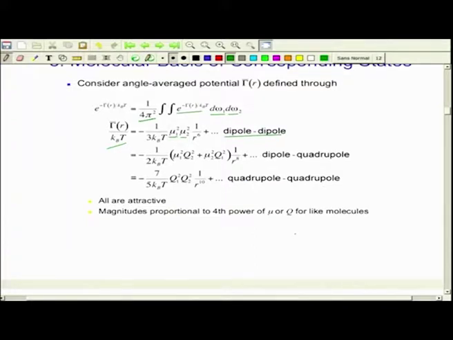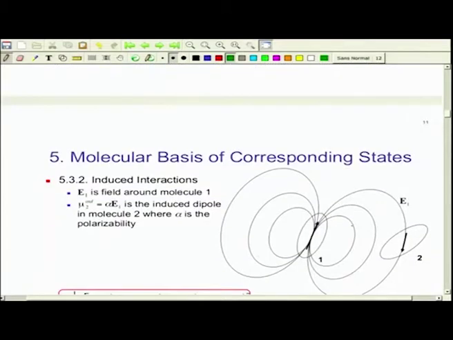It tells you that the dipole interaction is proportional to 1 by r6, dipole-quadrupole decays faster, quadrupole decays much faster. But nevertheless all are attractive, and the important thing is the magnitude is proportional to the 4th power of mu or q for like molecules. So, this is what the average part comes out to be.